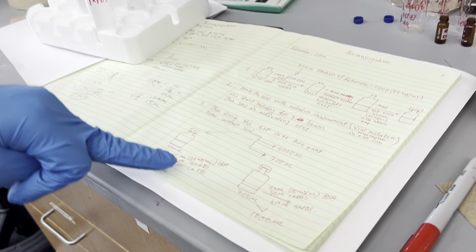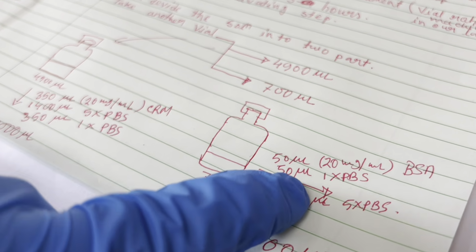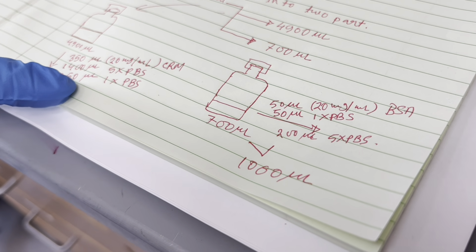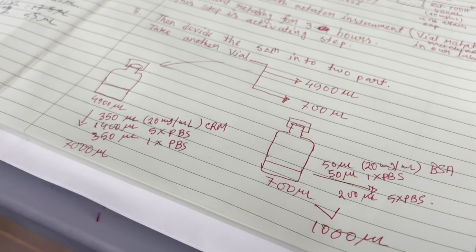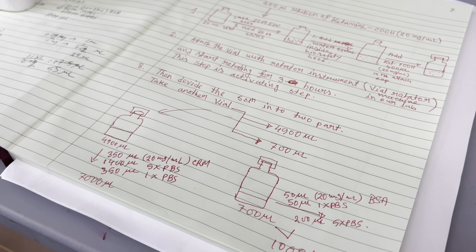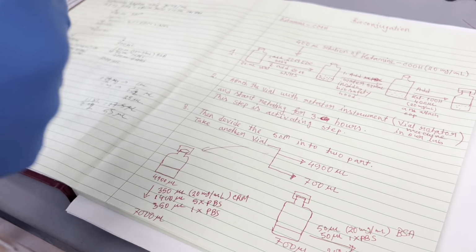Here we will actually need 1400, and here it will need 50 microliter and 350, like 1400 and 400, 1800. So if we have a total of 2 milliliter, that will be okay, but I will make 5 milliliter. So in that case, how are we going to do the change?